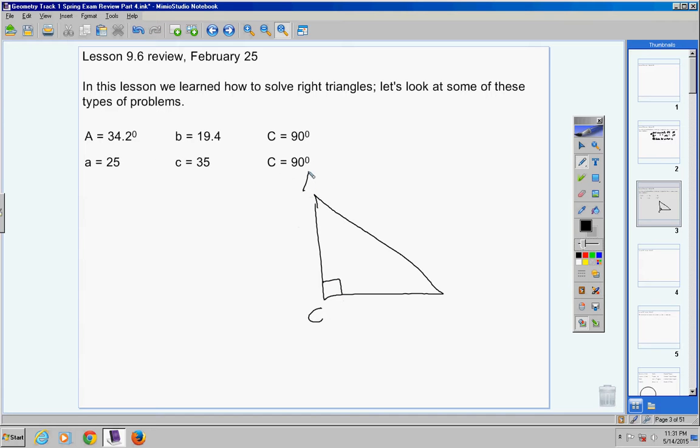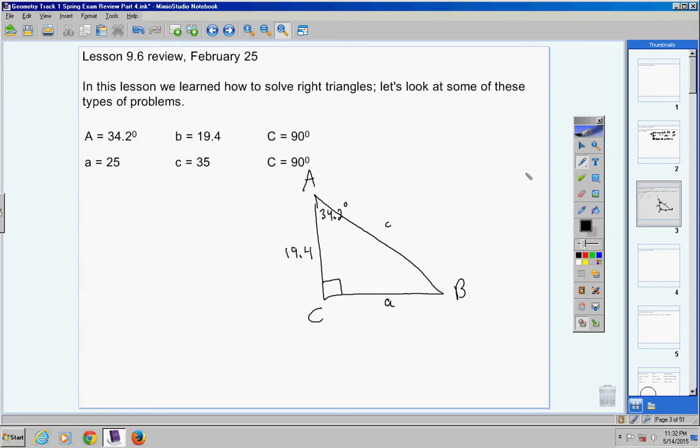Doesn't matter where you put A. We'll put A up here, 34.2 degrees. And then, so if this is angle A right here, we'll call this side a. If this is angle C, we'll call this side c. This has to be angle B. It's the only angle left over. So side b would be 19.4. Do you see how I did that? Little a's across from capital A, little c across from capital C, and so on.